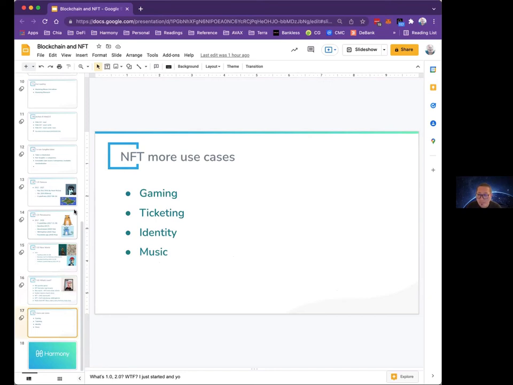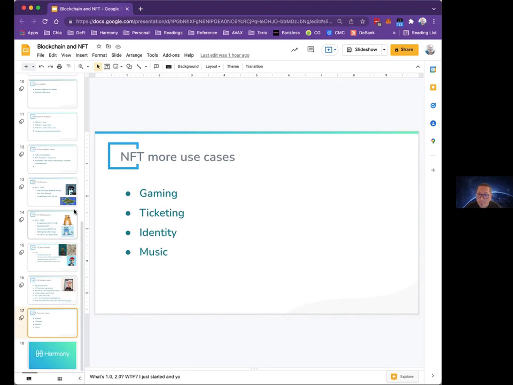For example, gaming. When you play games, right now a lot of games are free to play, but there are items in the game that can be purchased, right? But think about all those items: you can only use them in that one game.